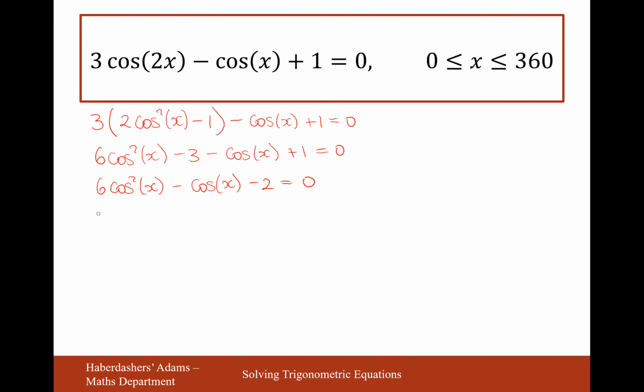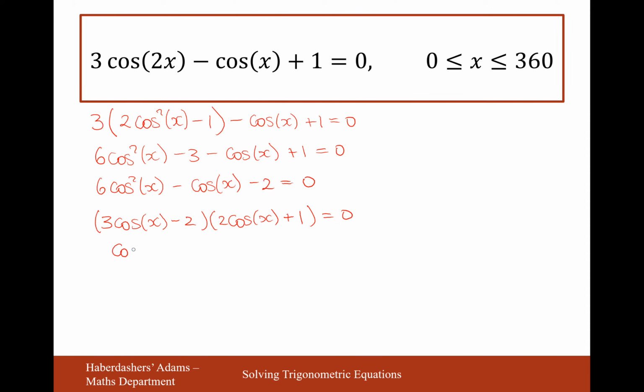And then we need to think about how we'll factorize this. I reckon if we put it as 3 cos x and 2 cos x, that might help us. How are we going to do this? It's probably going to be the minus 2 here and the plus 1 here, because that'll make minus 4, and plus 3, that'll make it minus cos x.